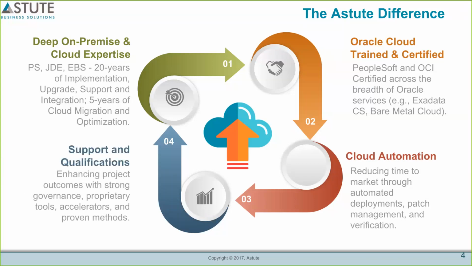And then support and qualification. So we have an extensive team of resources who are certified who can support you through that entire process. And they also are developing tools and methodologies to make you successful.